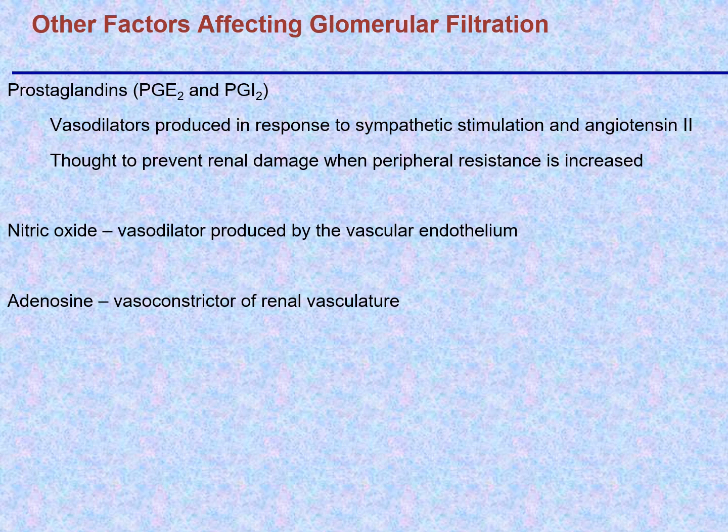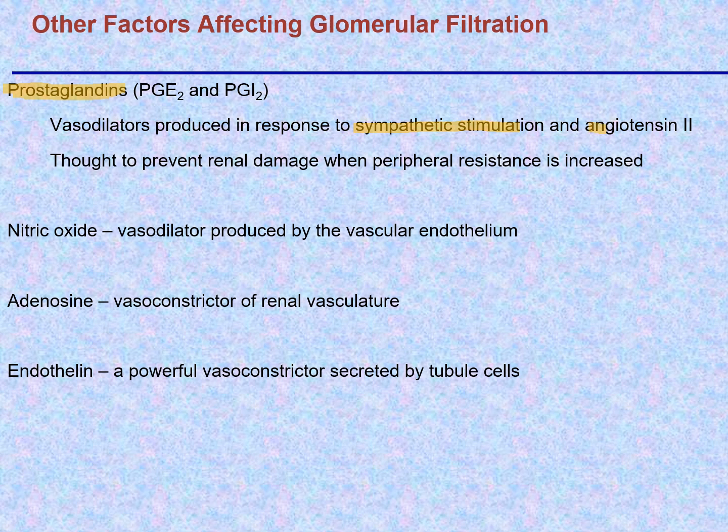Are there other factors that affect glomerular filtration? Yes, and a few of them are listed here, and we're not going to get into much detail. There are certain prostaglandin molecules that can affect GFR. They have a vasodilatory effect. They can act as vasodilators, and they can be produced in response to sympathetic stimulation and also in response to angiotensin II.